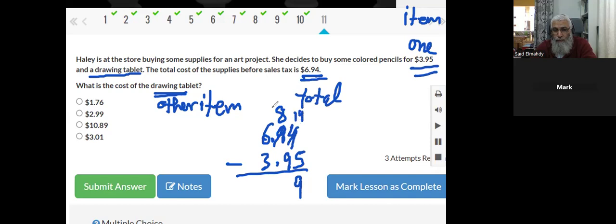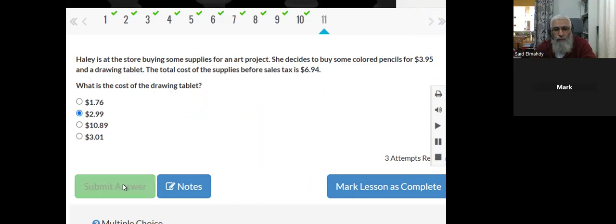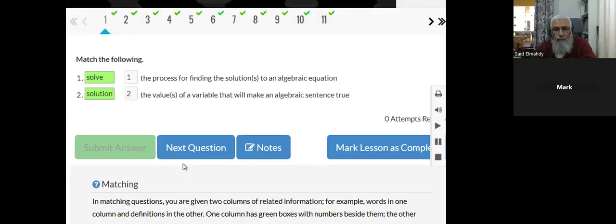So you have to take 1 from the 6, and it's 8 minus 9, so take 1 again, 18 minus 9 is 9. And then 2. So 2.99 is the answer. That's it.